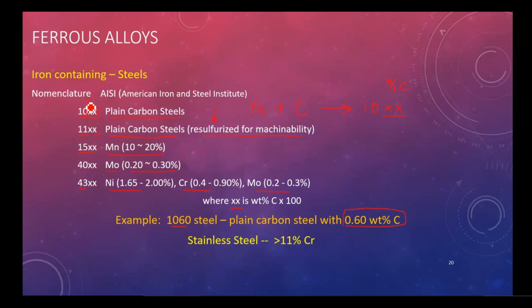XX in all these categories basically represents the percentage of carbon. Stainless steel, as I have said, contains chromium greater than 11%, so it's a high alloy steel. You don't need to worry about it. So the nomenclature is clear to you?